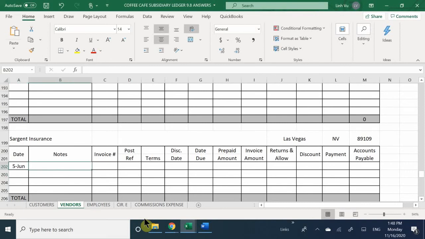Any notes that you want to put, you could put 12 months insurance. Along with the check number that you wrote. 1503. Okay.